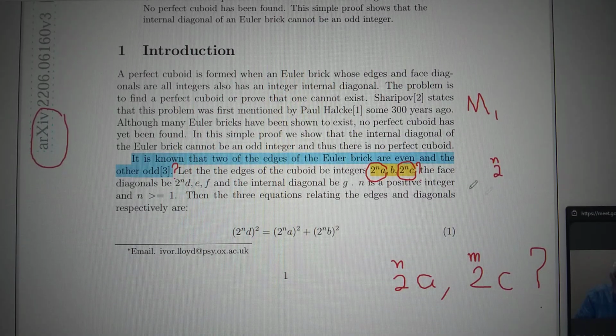For me, I have to tell the box is this. Okay, if this is A and this is B and this is C, did I tell you that A, B, C are certain numbers?